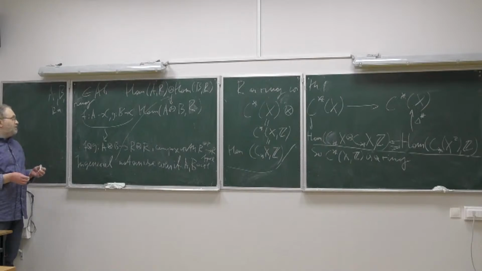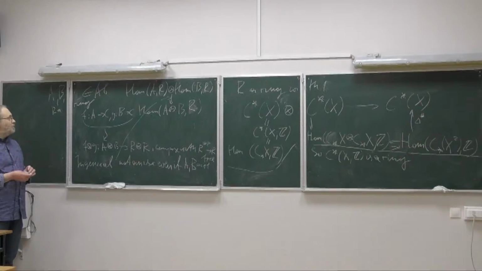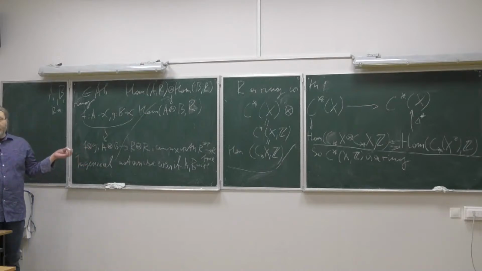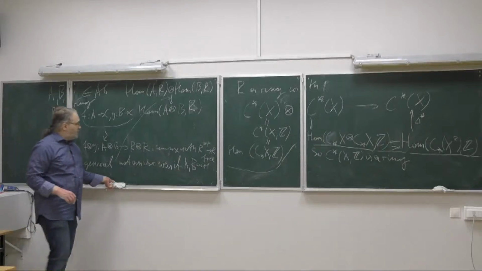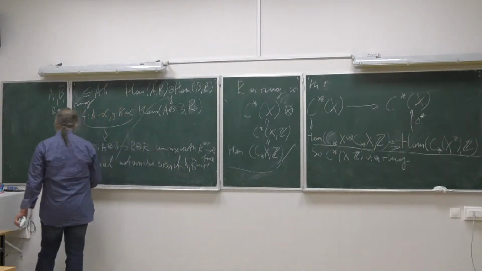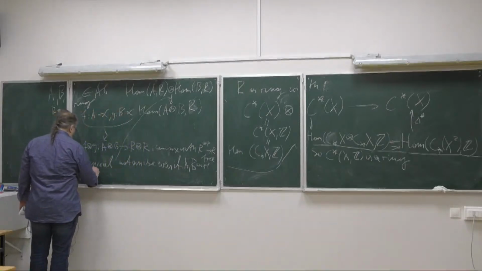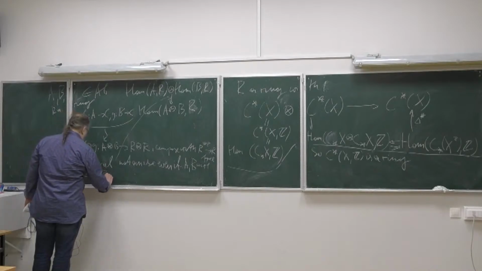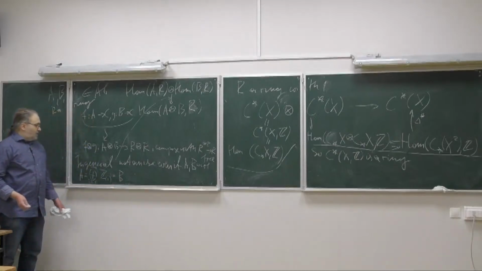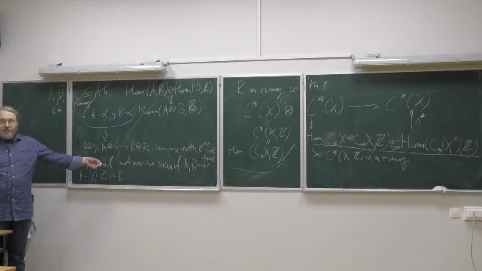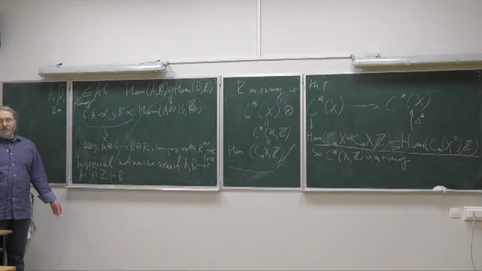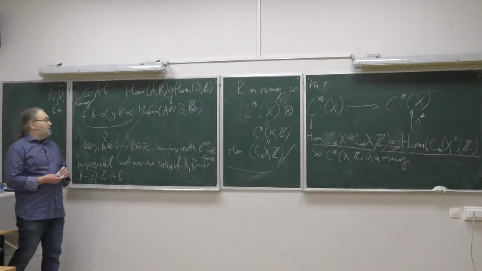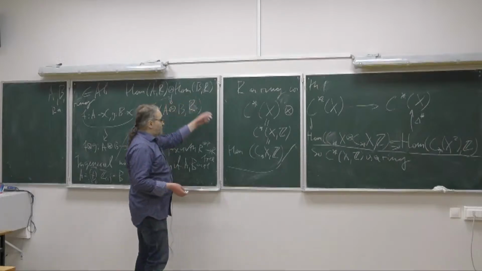Let's consider free ones. And basically, the example is obtained by taking an infinite direct sum of Z's. But the map is there.